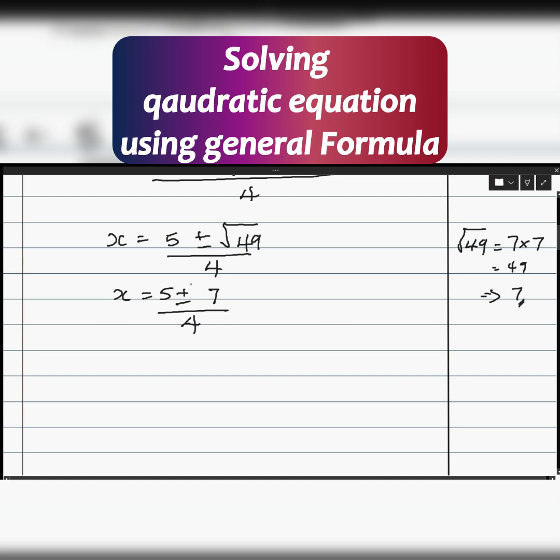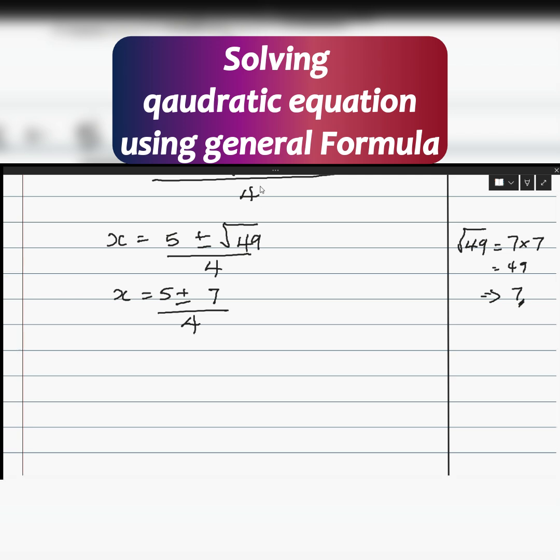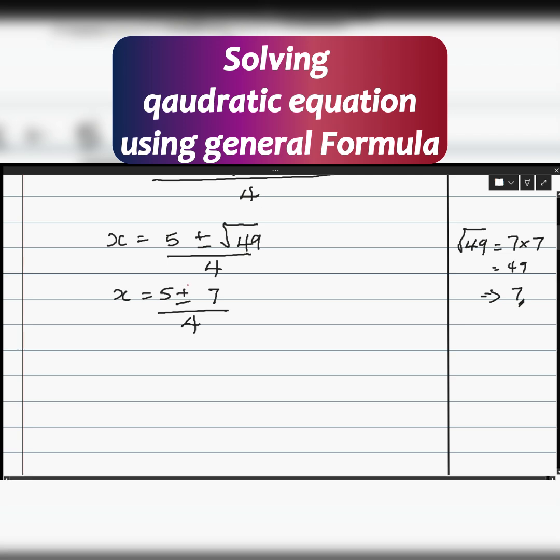Now since I'm having this plus or minus, and from what I've taught you in the method of completing the square, anytime we see plus or minus, it means you have to separate the question into 2. So I'm going to have x equals 5 plus 7 over 4, or 5 minus 7 over 4.